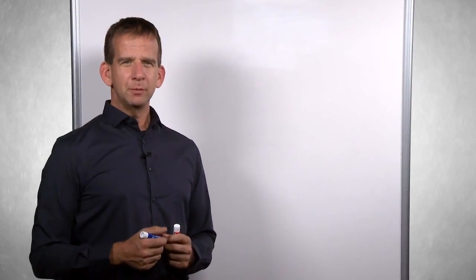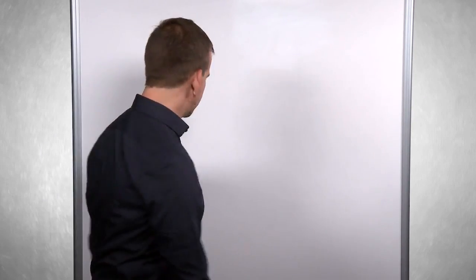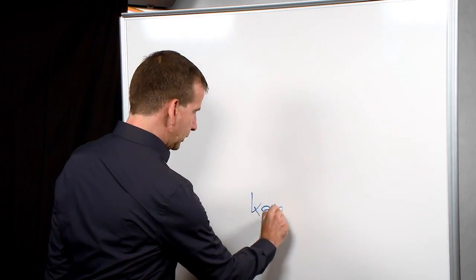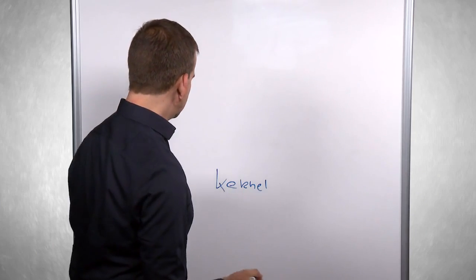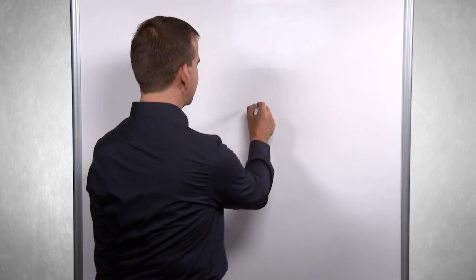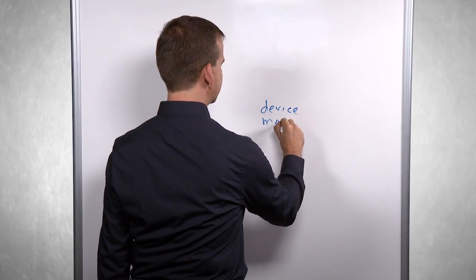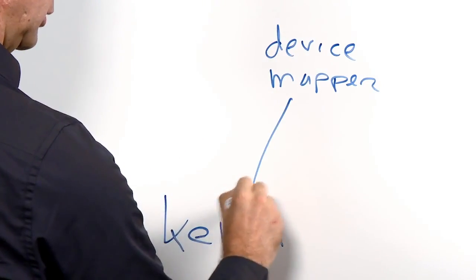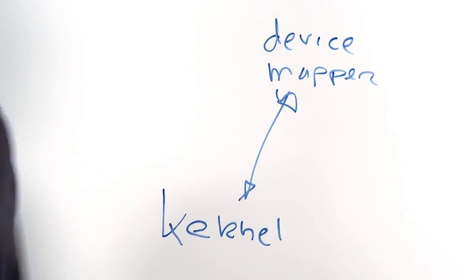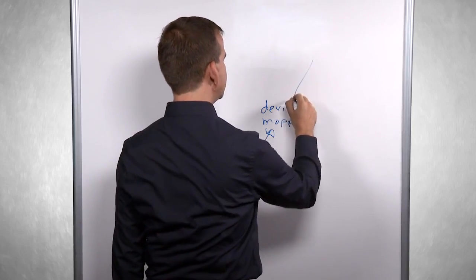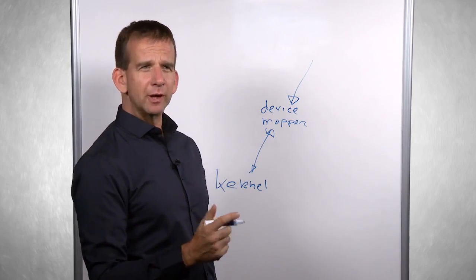When working with LVM, you need to be aware of the device mapper. So let me explain what the device mapper is. At the bottom we always have the kernel that takes care of everything. But the kernel likes to work with abstraction layers. And really, device mapper is an abstraction layer that the kernel uses to communicate with certain types of storage devices. One of the storage devices that is using device mapper is a device that you've already seen.